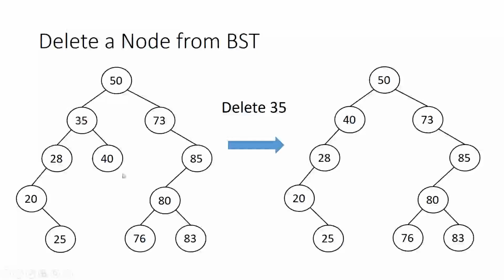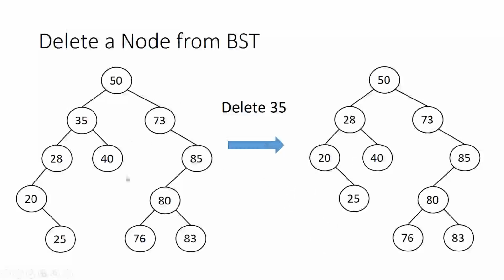If you are replacing from the right subtree, it should be the minimum value. In this particular example, we are replacing from the right subtree, but because we have only a single value in the right subtree, we are replacing the node we are deleting with that. So 35 we are replacing with 40. Here, like this, we will get it.